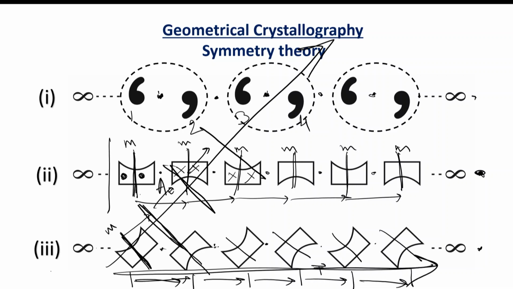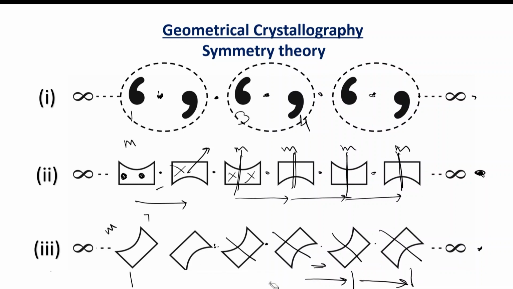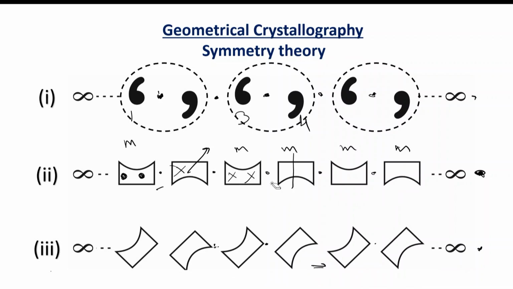So that's why, though translation and rotation, these two symmetry operations, are applicable for all these three patterns, the operation of reflection, governed by the presence of the symmetry element, the mirror plane, is only possible for the second one and not applicable for the first one and the third one.